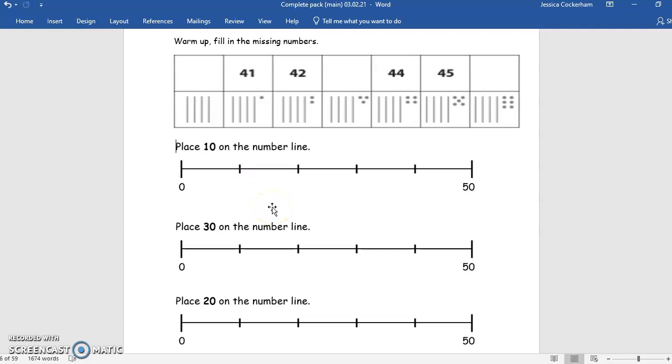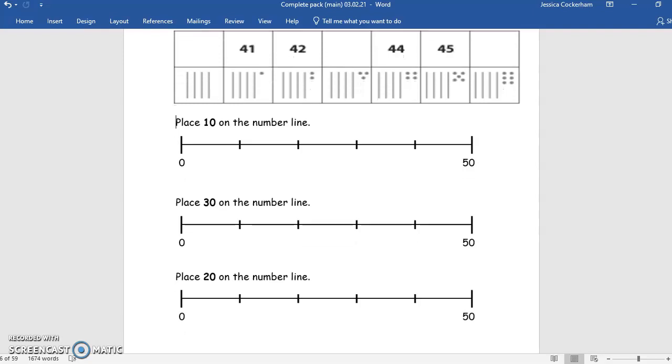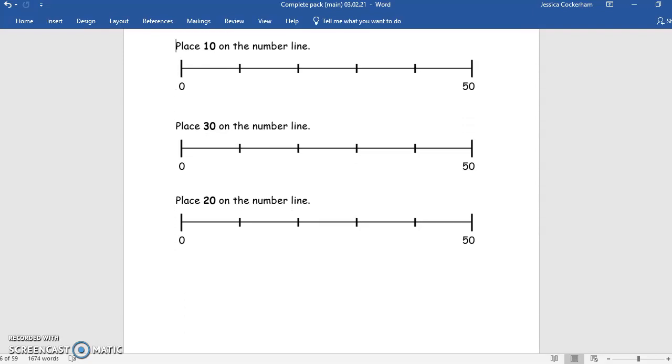Only number 10. I don't need to put all the other numbers on, just place number 10 on the number line. Or if you wanted to put all the other numbers on to help you, could you put number 10 on and put a circle around it and then do your other ones blank? Okay. Let's have a look at this next one, and you're going to do these ones by yourself.